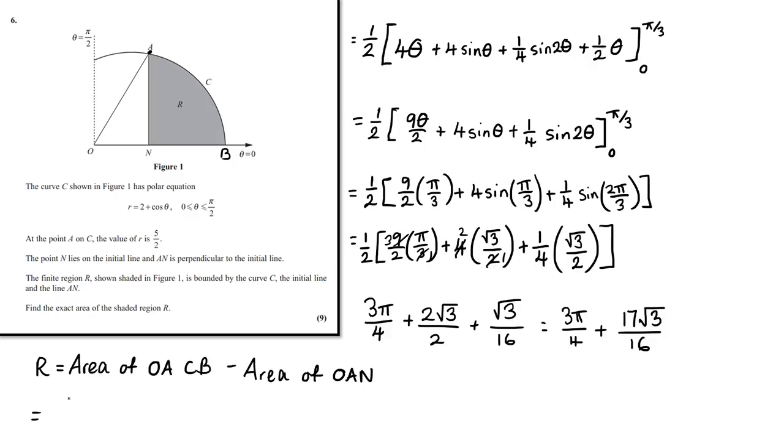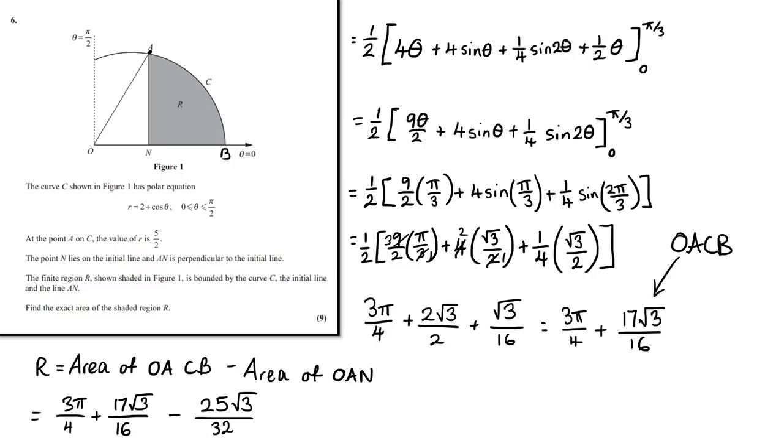So in that case, we've got this area here, 3 pi over 4 plus 17 root 3 over 16. That was the area of OACB. And now we minus the area of OAN. Now I don't have it on the screen. We did that at the very beginning. But the area of OAN is 25 root 3 over 32.